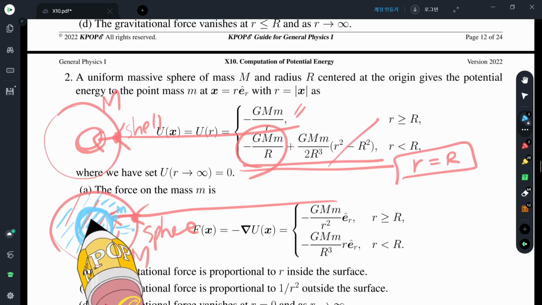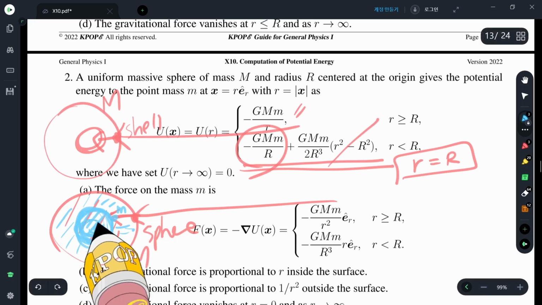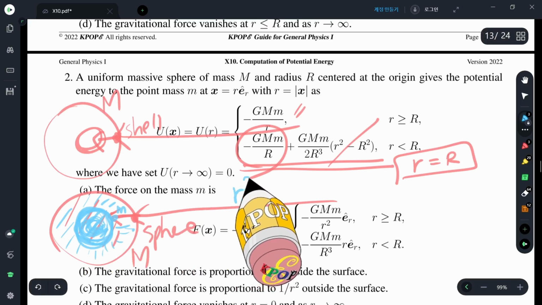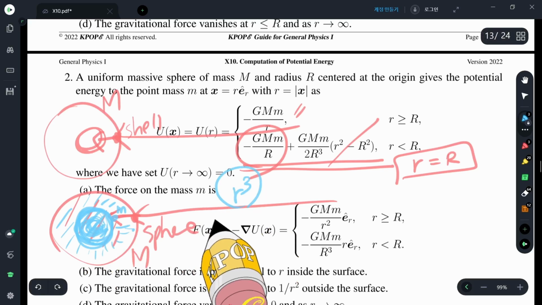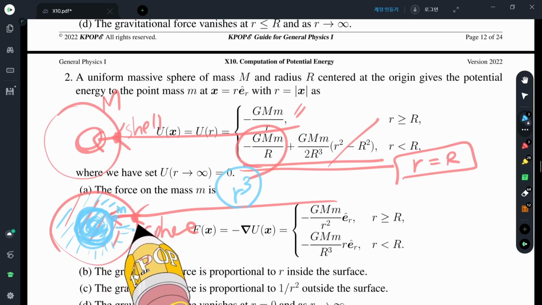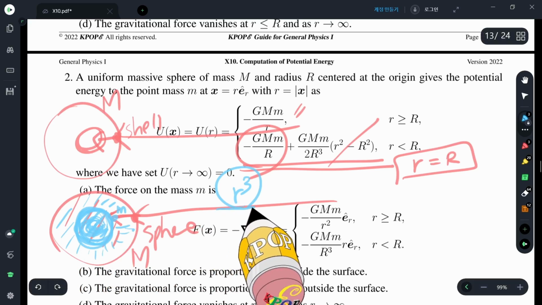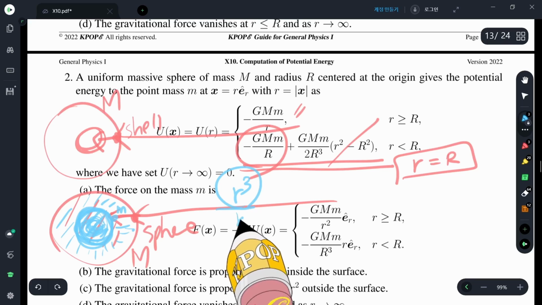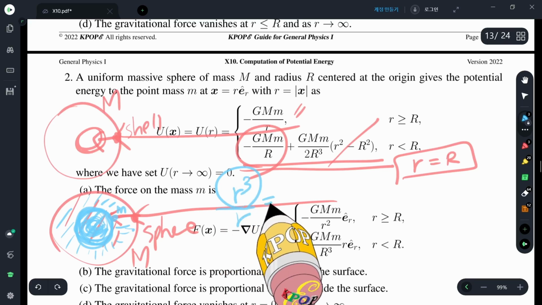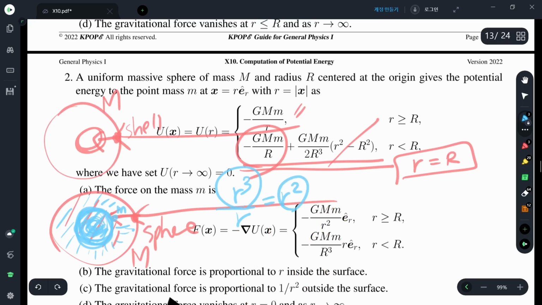Because the volume is proportional to the mass inside, that is proportional to r cubed, and the distance from inside to there is proportional to 1 over r. These two combine to give r squared dependence.